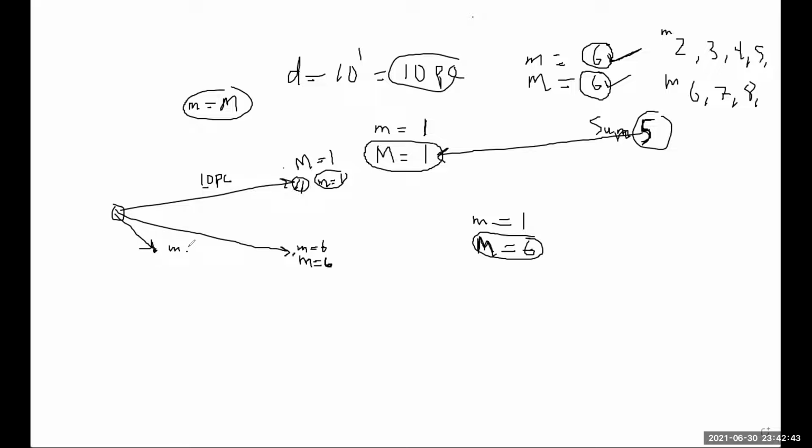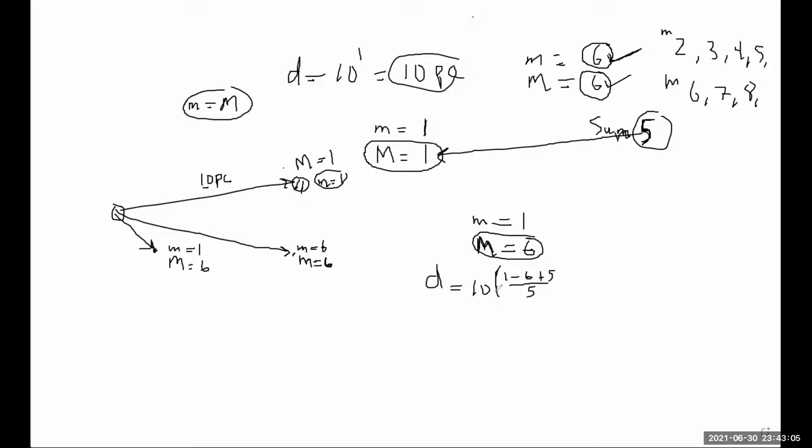Little m 1, and big M 6. And the equation should bear that out. So you should have 10 to the (m minus M plus 5) over 5. So 1 minus 6 plus 5 over 5.